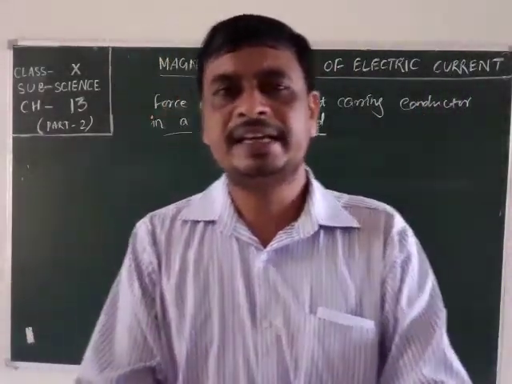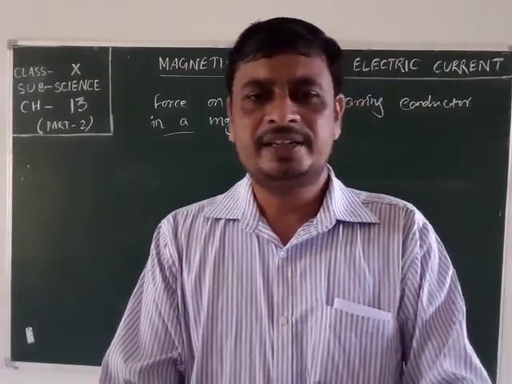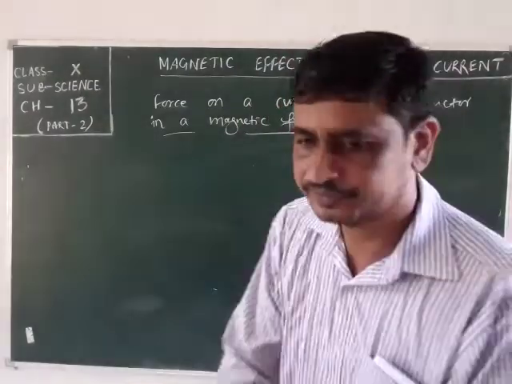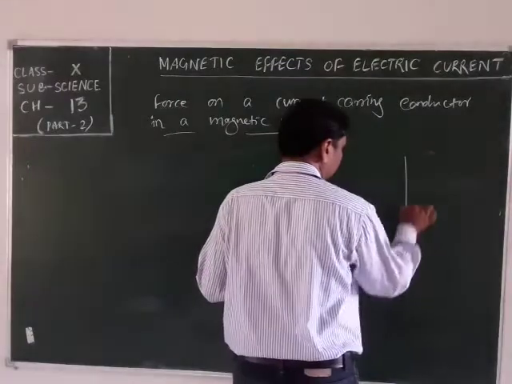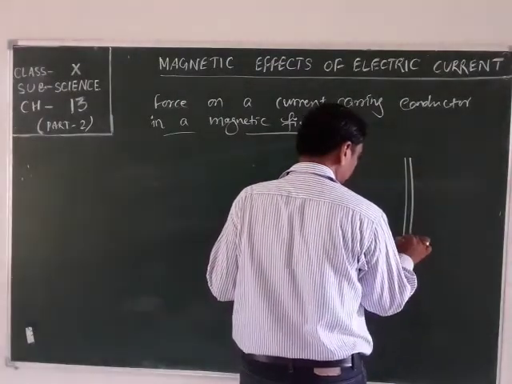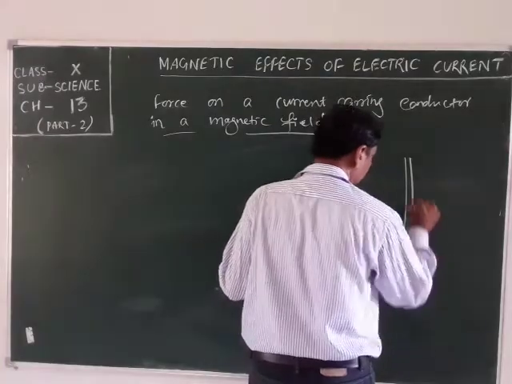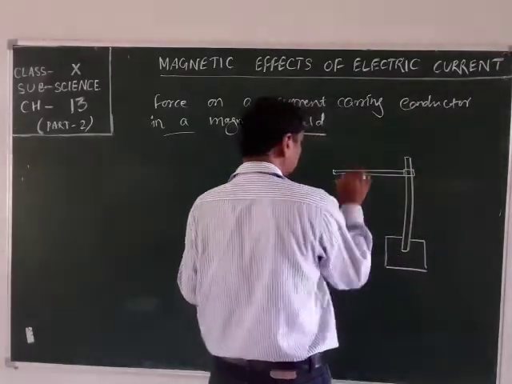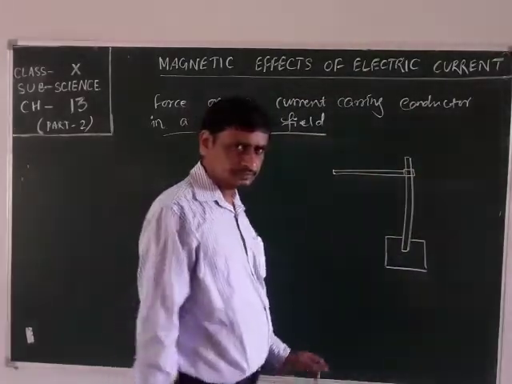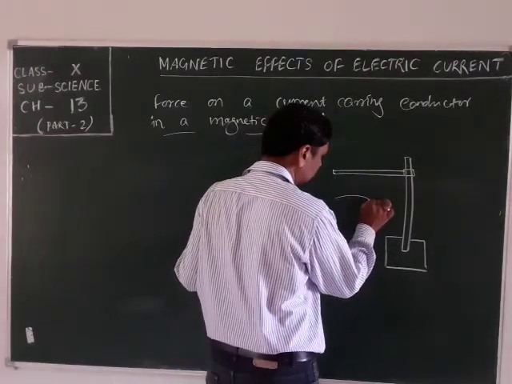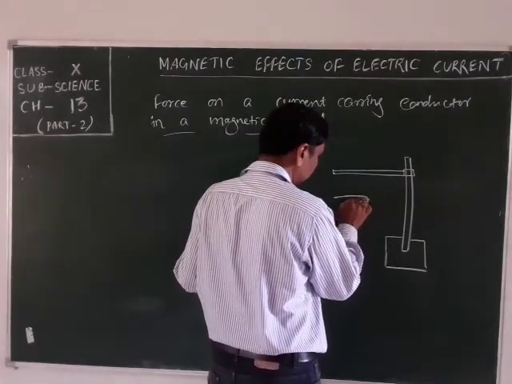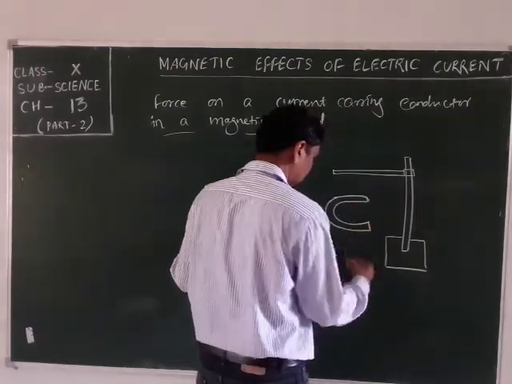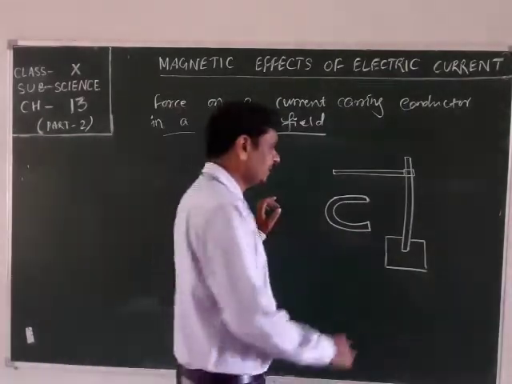How is force applied when a conductor carries some electric current in a magnetic field? Here is a horseshoe magnet and a straight conductor.